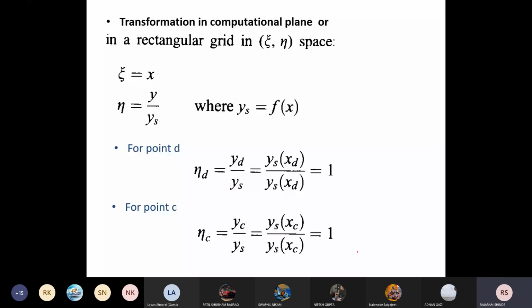Hence in the computational plane, d is located along the eta coordinate direction, and the value of the eta coordinate is equal to 1.